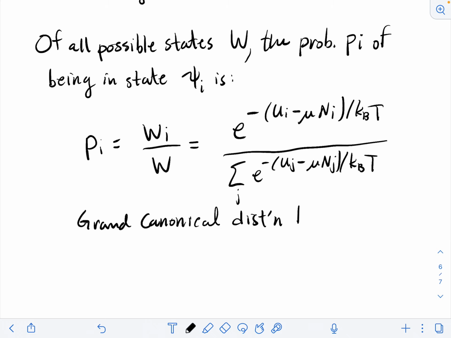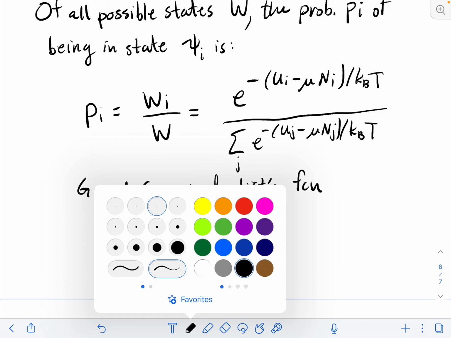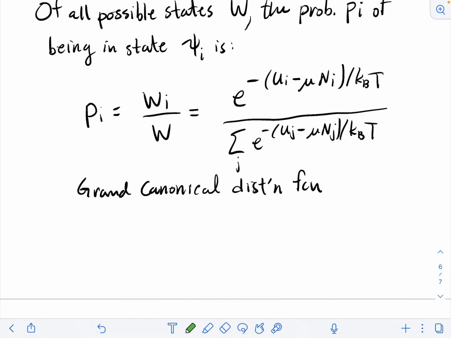I'm going to switch color here, and I want to compare this to what we found for the canonical ensemble. So for the canonical ensemble, we had something that looked pretty similar, except we didn't have the particle number involved.